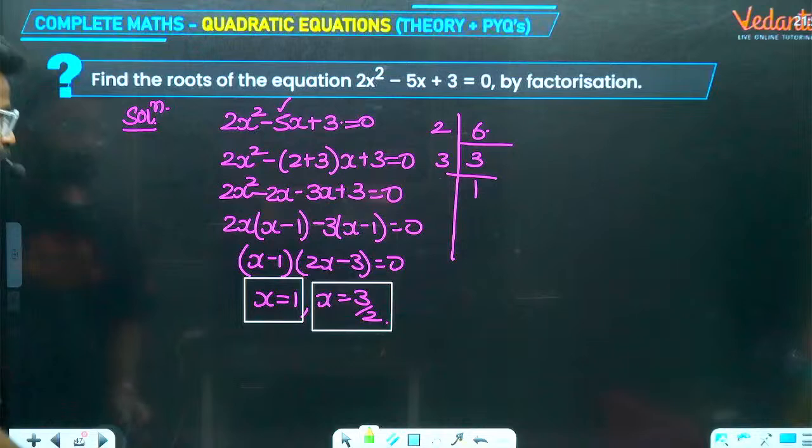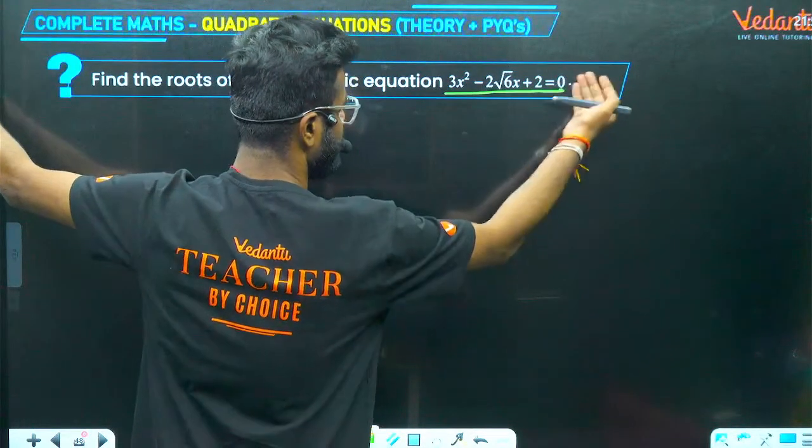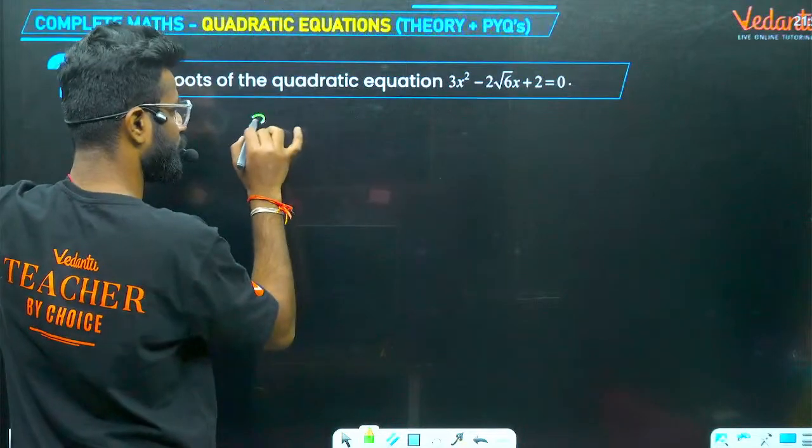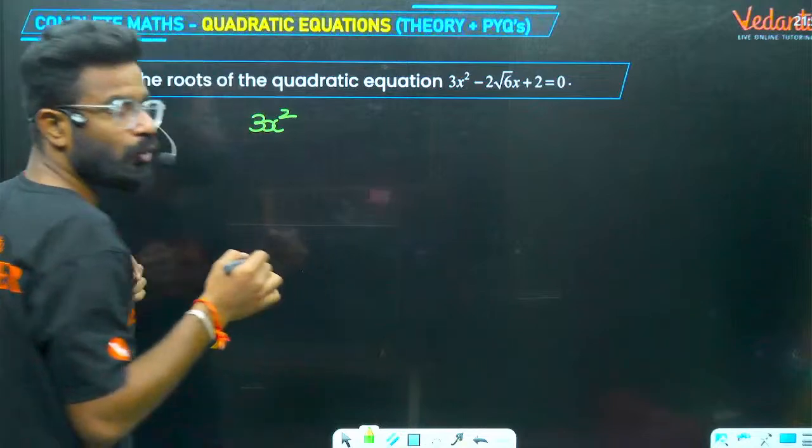Okay, find the roots of the quadratic equation. This is simple. See, you have 3x square minus 2 root 6 x plus 2.